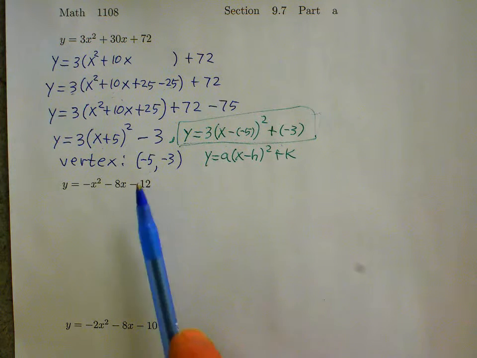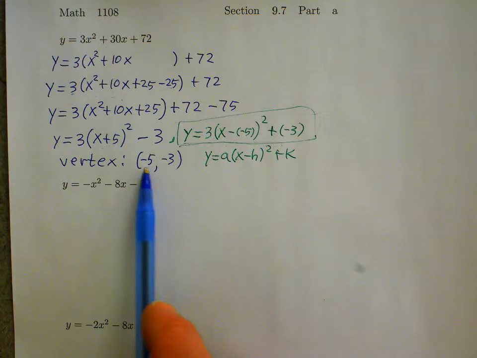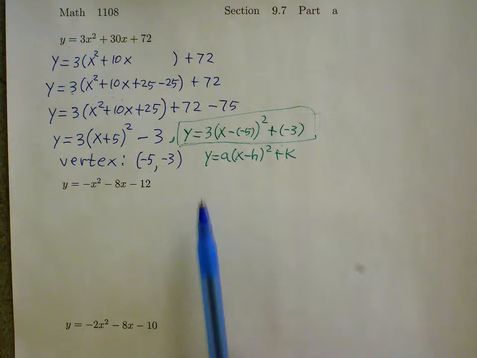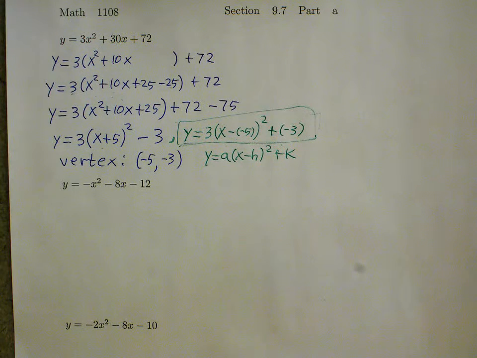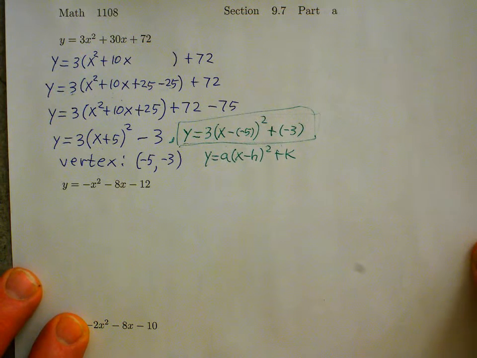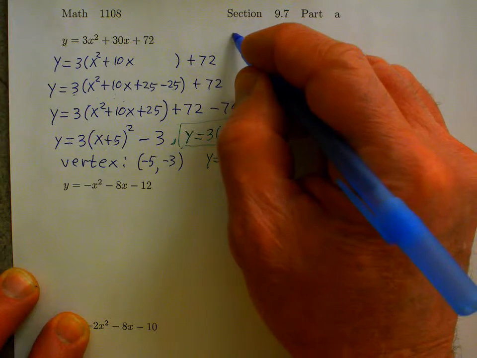Okay, the vertex is below the x-axis. -5, -3 is below the x-axis. The parabola opens upward, so there are going to be two x-intercepts. So let's find the x-intercepts.